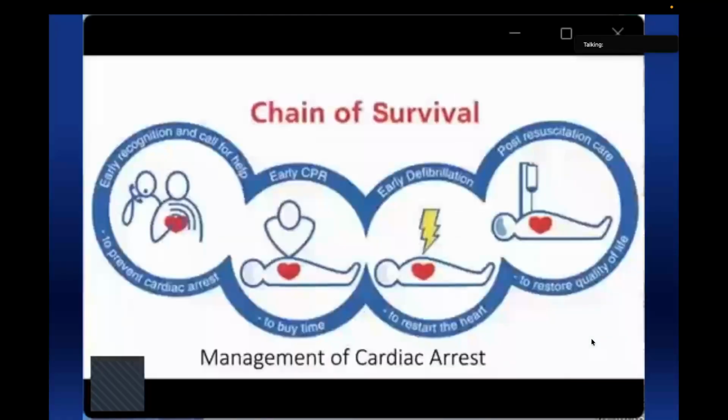Then early defibrillation, that's why it is the mandate of our government that you should have defibrillators everywhere, so at least we can help restart the heart if something happens to your patient.